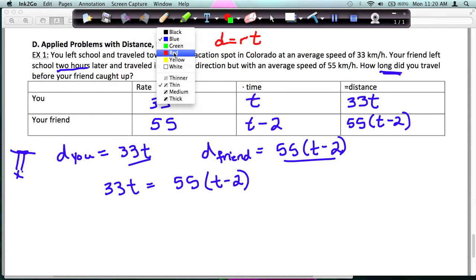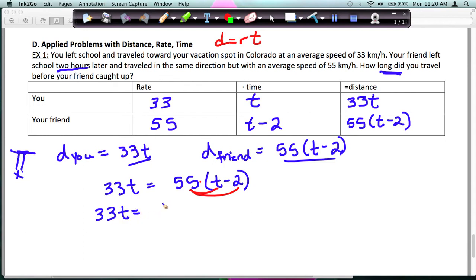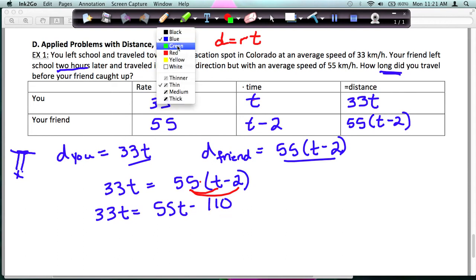Okay, so in order to solve, I need to simplify this equation. First thing, this is 55 times t minus 2. I needed to distribute the 55 through the parentheses. So let's go ahead and do that. And I get 33t equals 55t minus 110. Now we want to combine like terms.